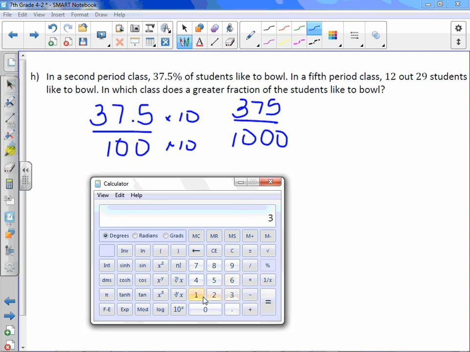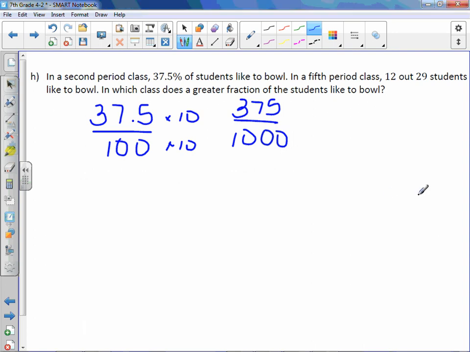It is. And 1,000 divisible by 125? It is. So we can actually reduce this. You don't have to reduce it, but it definitely makes for easier numbers here. So 3/8 is our fraction there.